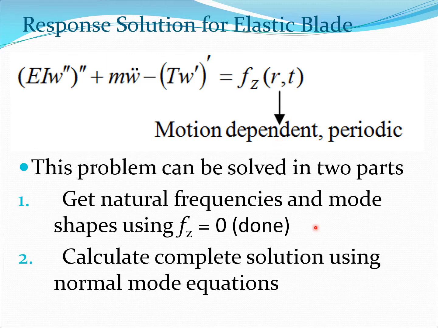First part is we find the natural frequencies and mode shapes of the problem using free vibration analysis. Now this we have already done in the series of lectures on Rayleigh-Ritz, Galerkin and FEM. Now, once we have obtained natural frequencies and mode shapes, we will use this information to find the complete solution using the normal mode equation. So this is a way to solve this problem, which is somewhat simpler in scope.